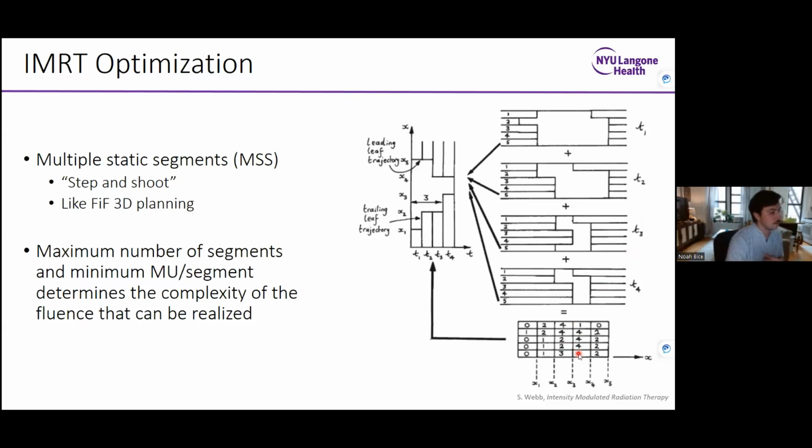Some parameters for step and shoot IMRT would be the maximum number of segments that you're willing to use and the minimum number of monitor units per segment, and those can help control the complexity of the fluence that can actually be realized.